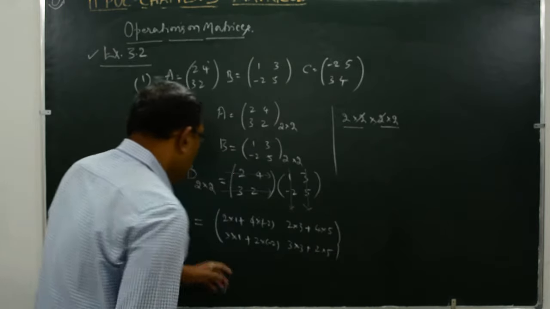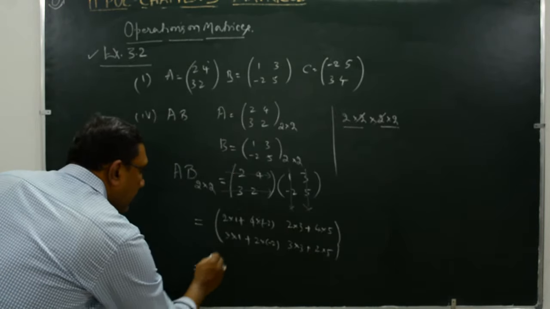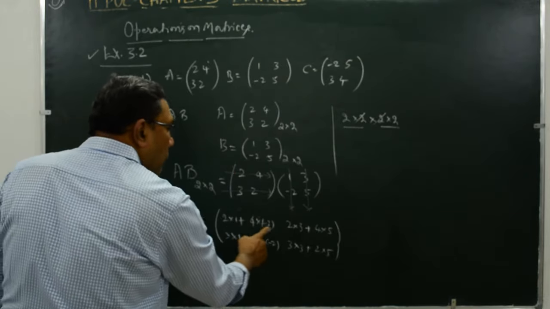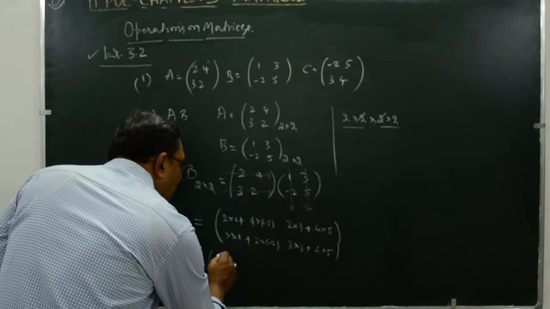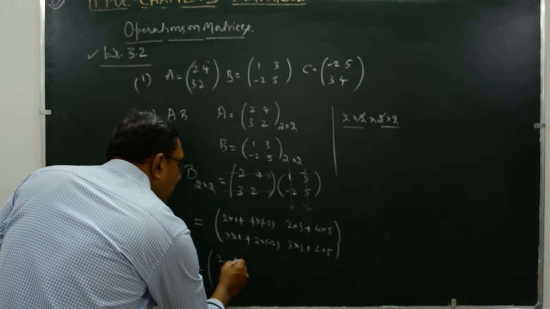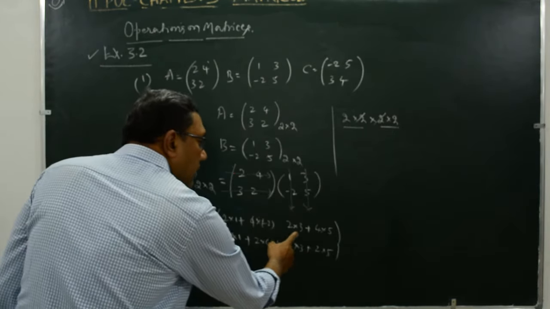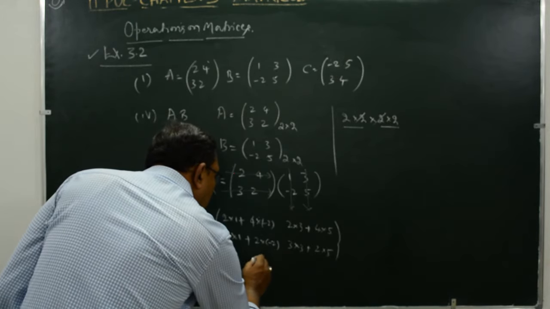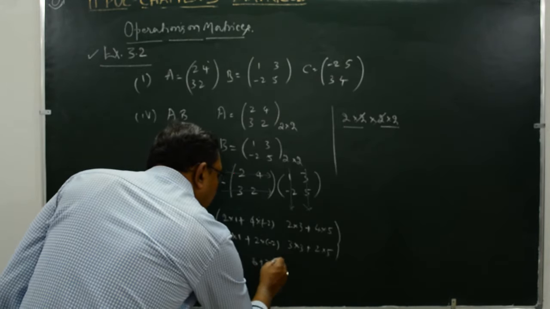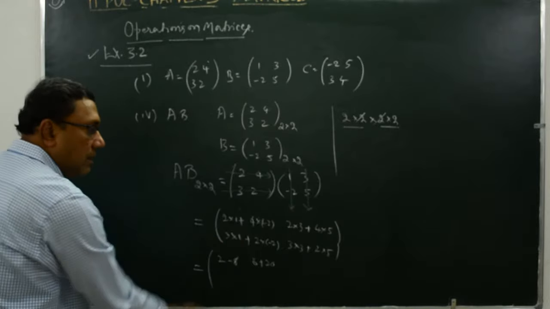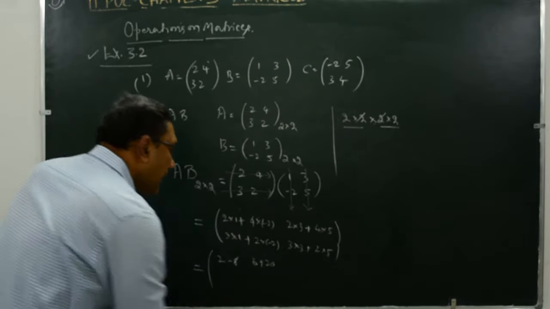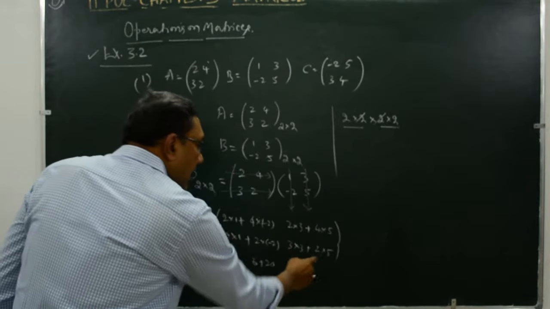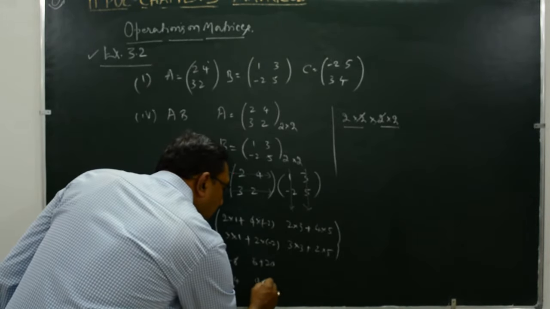So what will be the resultant matrix? 2 ones are 2, 4 twos are minus 8, 2 minus 8. Here 2 threes are 6, 4 fives are 20, 6 plus 20, and here 3 ones are 3, 2 twos are minus 4, 3 minus 4, and here 3 threes are 9, 2 fives are 10.